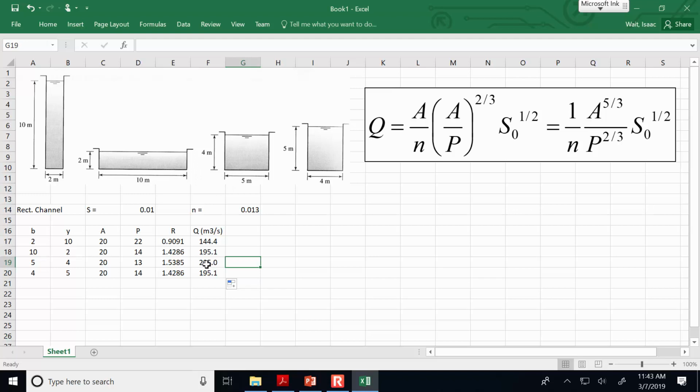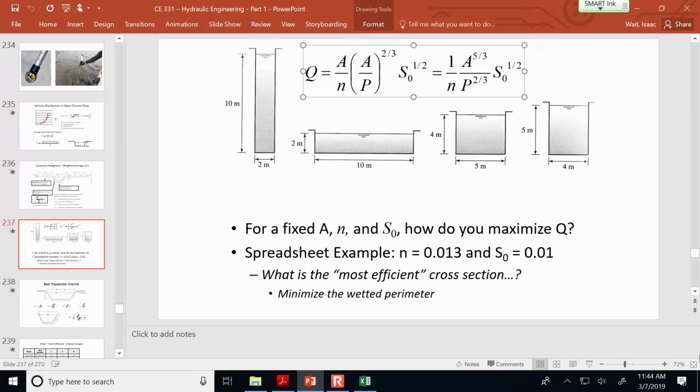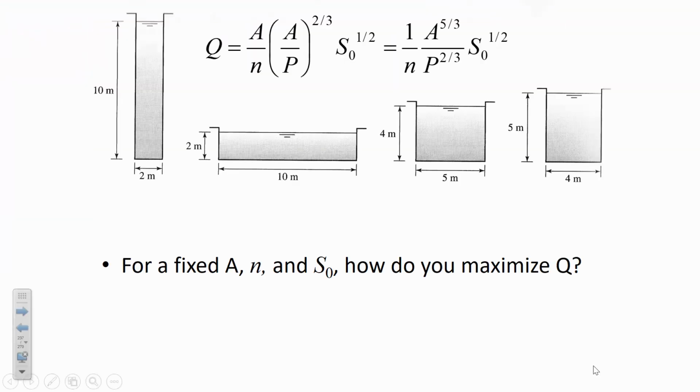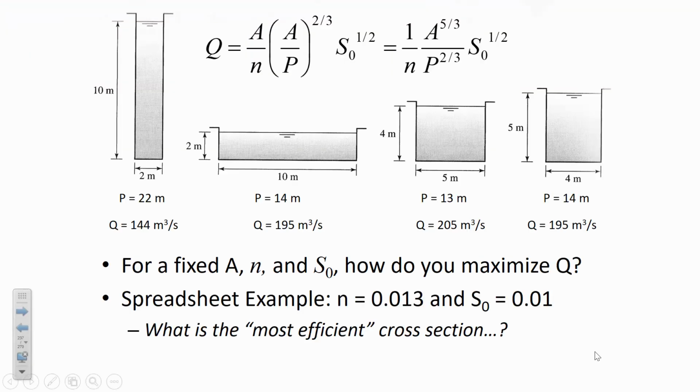So what if we want to limit it so that the area has to be 20, but what we can change is the combination of the depth and the width to find out the flow rate that's going to be maximized. And the question of what's the most efficient cross-section is the one that minimizes the wetted perimeter.